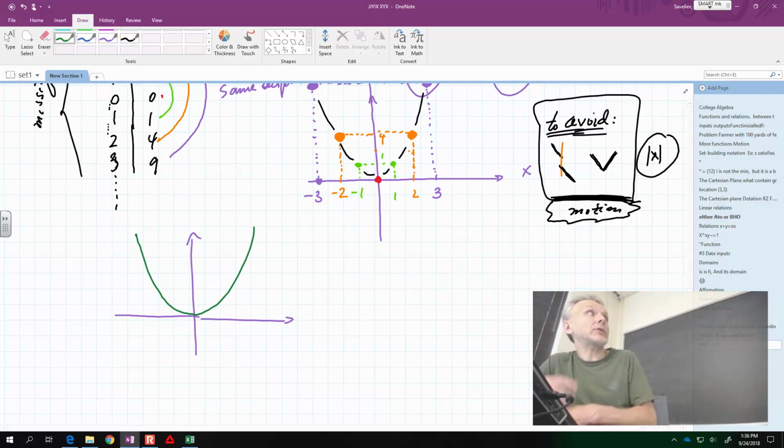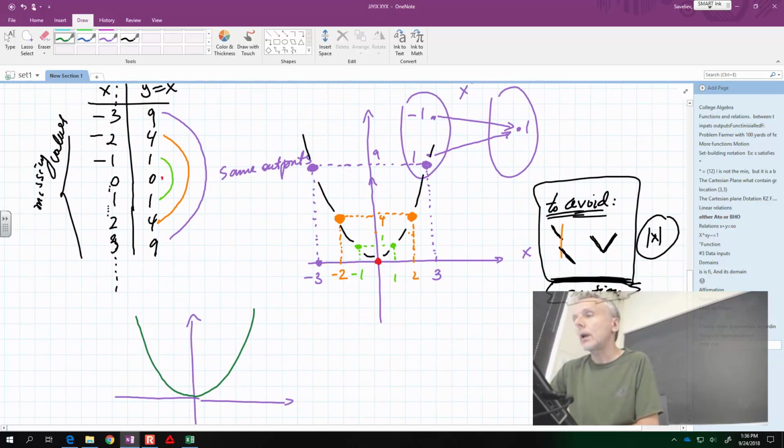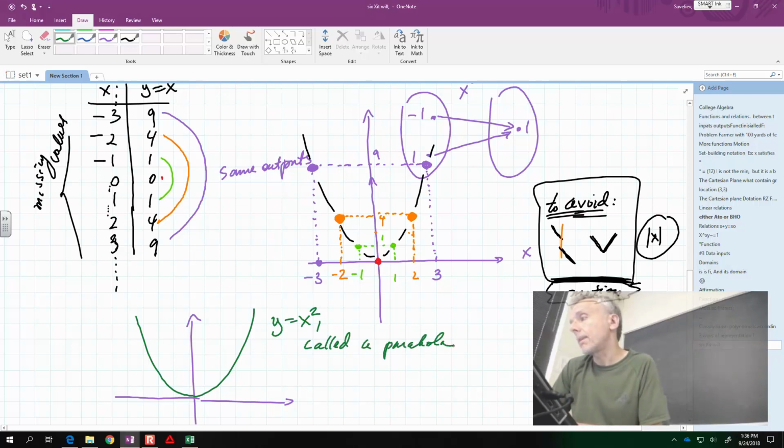So we don't discover that the graph of x squared is a parabola, but rather we say, well, this is the graph of y equals x squared, and we call it a parabola. It is easier to explain parabolas with quadratic functions than to explain quadratic functions with parabolas, but it works both ways.